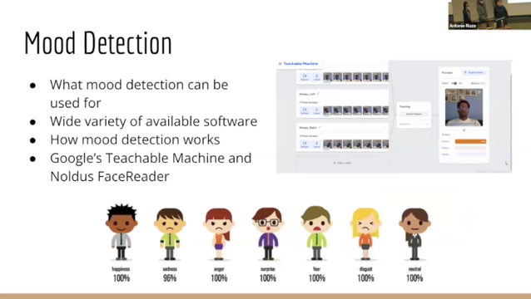Another application of a similar technology would be mood detection. The main purpose of this would be to gauge how students react to different methods of teaching, so it could be an effective tool for feedback for teachers based on the different methods they use. There is a wide variety of available software to gauge someone's mood, but some of the main ones are Google's Teachable Machine and Noldus FaceReader.